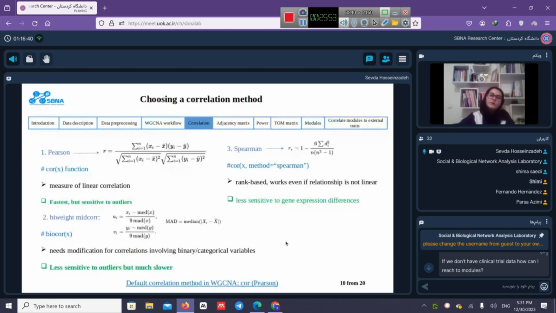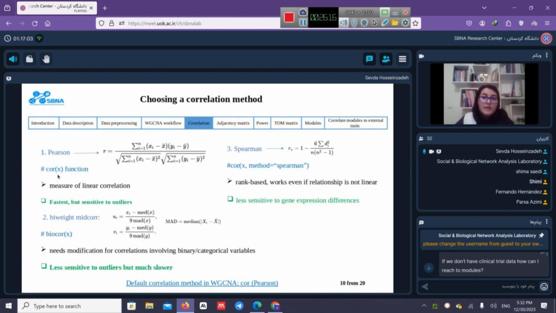At first step, we have to choose the correlation method. There are three correlation methods. One of them is the Pearson correlation method, and we can calculate Pearson correlation with the cor function in R. This method is suitable for continuous data, and also gene counts are continuous.